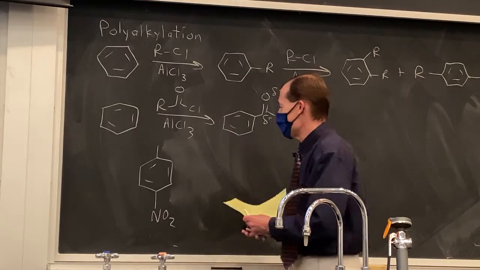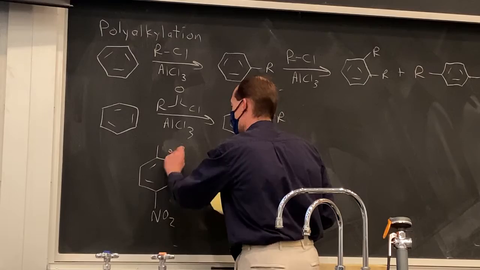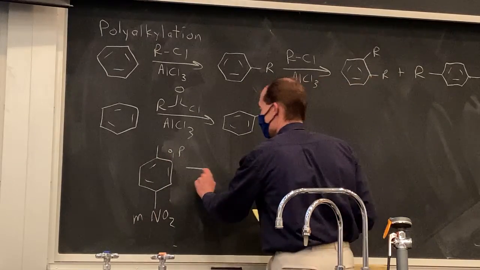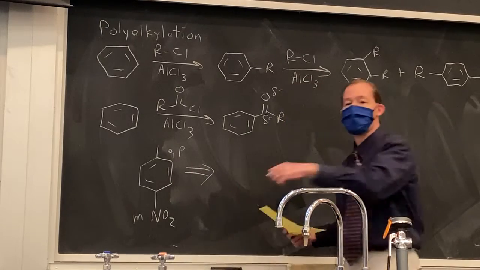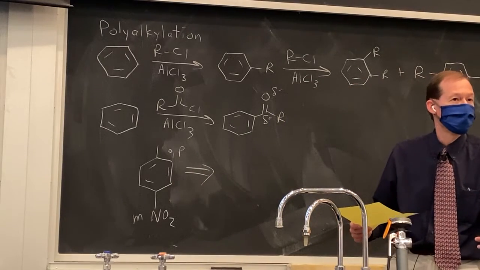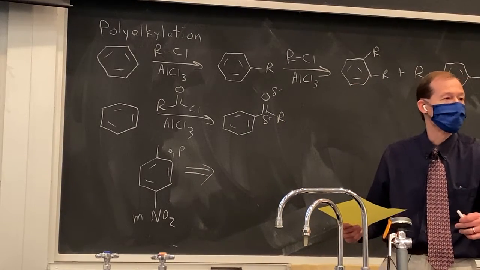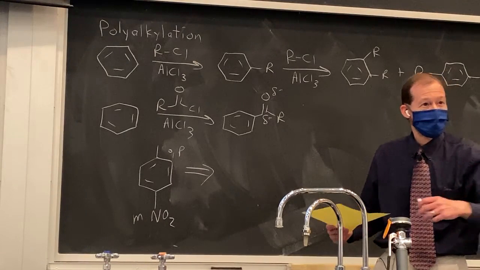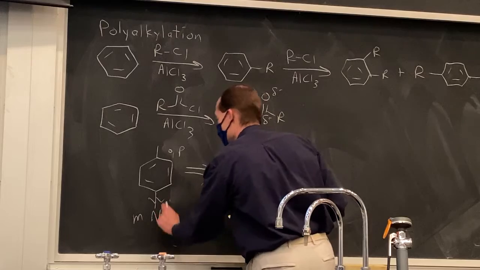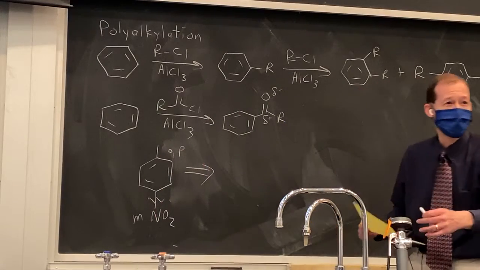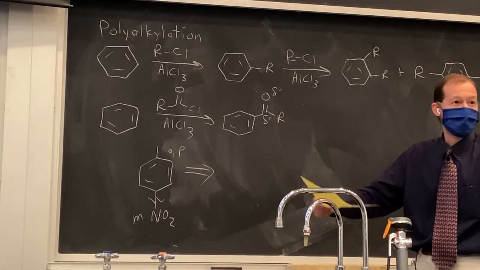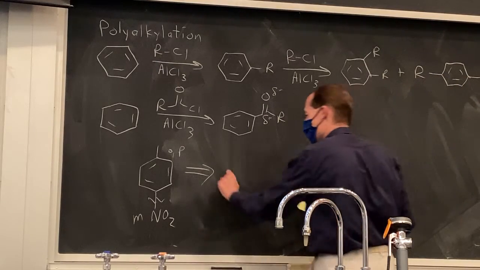So we've already established that this is an ortho-para director and this is a meta director. So if we're doing a retrosynthesis, which of these groups do we want to remove from the ring in the retrosynthetic direction? Yes, the nitro group. If these groups are para to each other, we can't make them para to each other if we have the meta director on first.